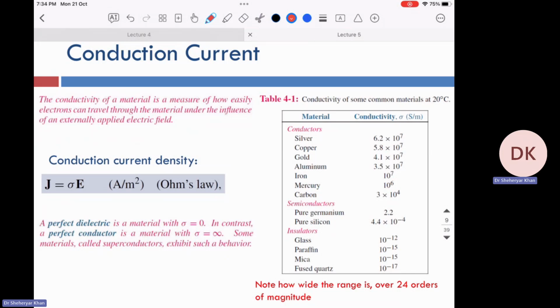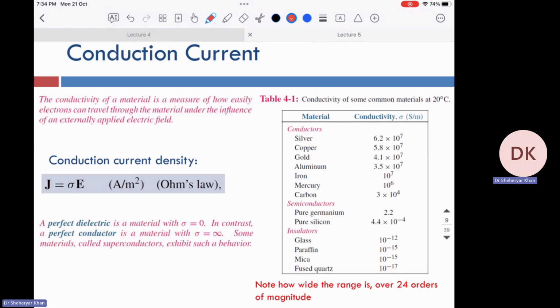Remember, this is analogous to Ohm's law, V = IR. So E is the analogous term of V, σ, the conductivity, is analogous to R, and J is analogous to I. That is a special case of Ohm's law. So that's the basic Ohm's law, and that's the derived Ohm's law.